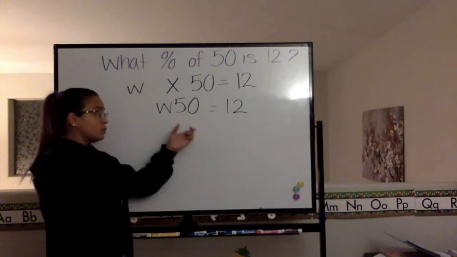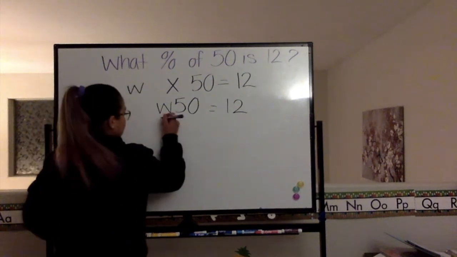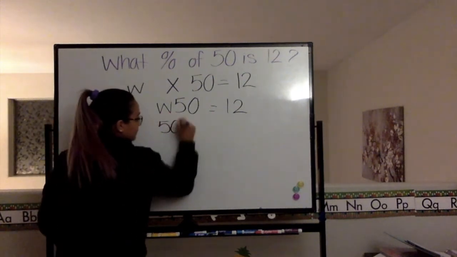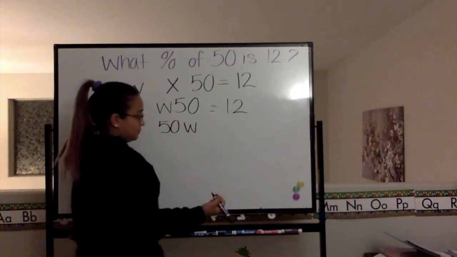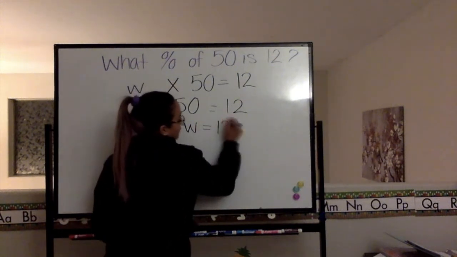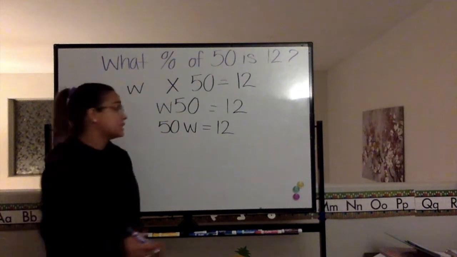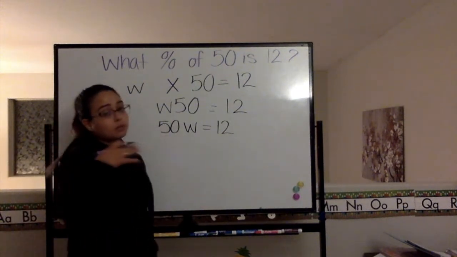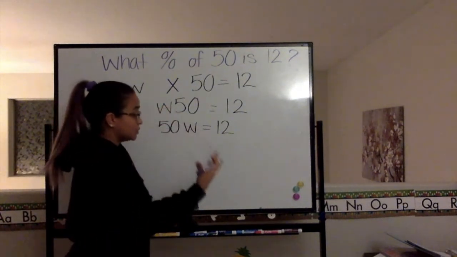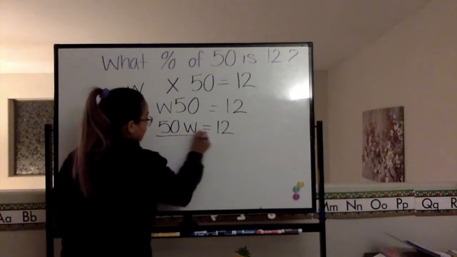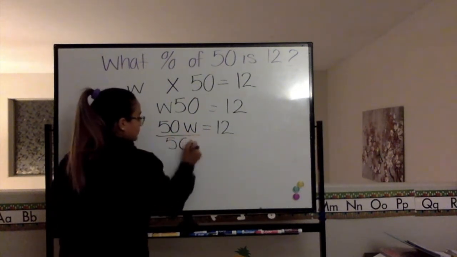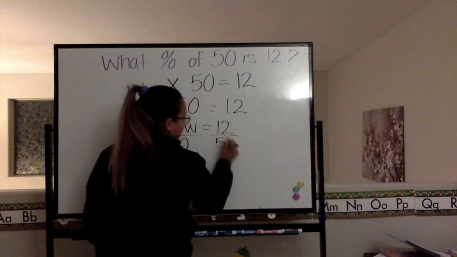So we're just going to flip it over and write it this way as 50W. Okay? Now this looks familiar, doesn't it? It looks like a one-sided equation, and whatever we do to one side, we have to do to the other. So we will be dividing by 50 on both sides.